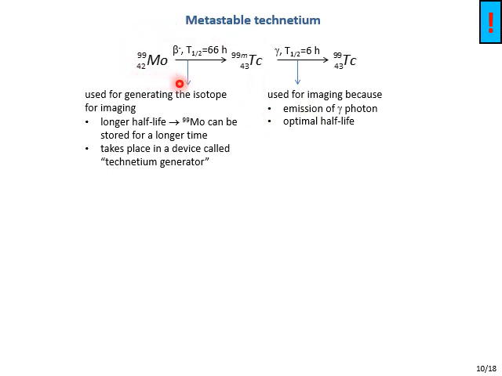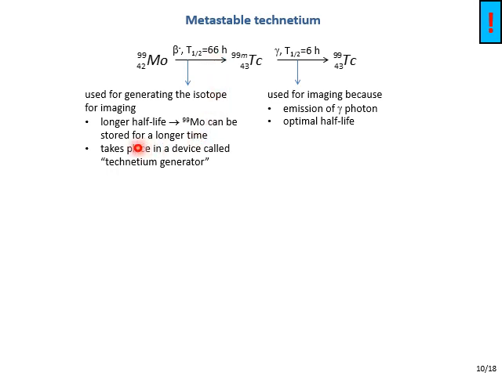Another optimal property of radioactive metastable technetium is its mother nucleus and the process in which the mother nucleus leads to the production of radioactive technetium itself. As you can see, the mother nucleus produces metastable technetium with a negative beta decay, with a relatively long half-life, 66 hours.